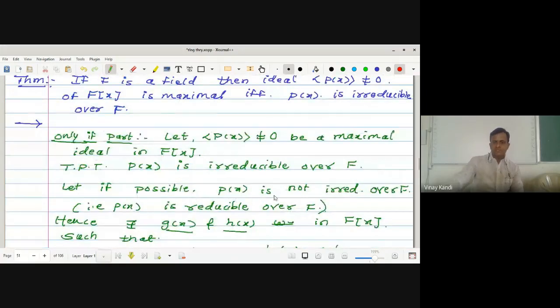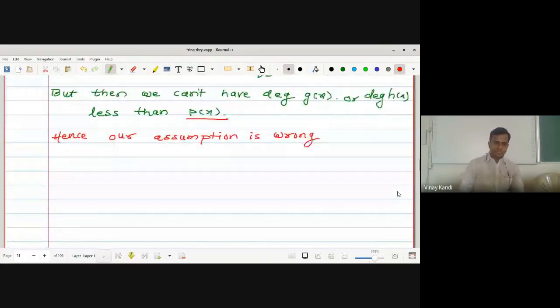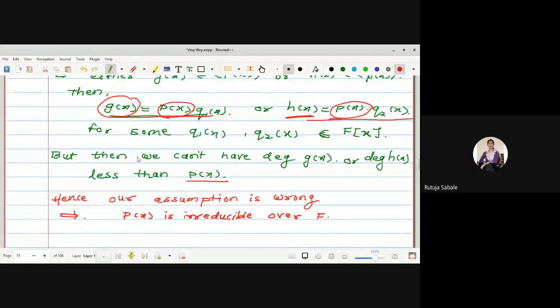If possible, p of x is not irreducible over F. This is wrong, so what is true? p of x is reducible over F is wrong, so that implies p of x is irreducible over F. Okay, any doubt? No, sir.